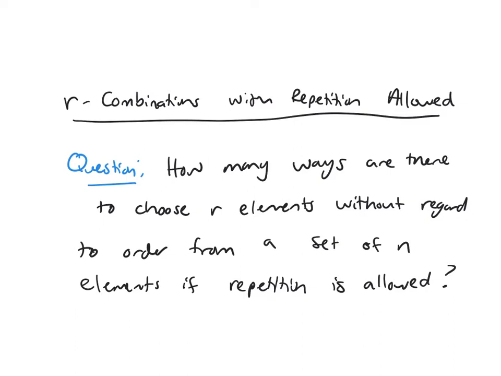So we looked at this question before, but we didn't have repetition. So now we're going to allow repetition when we want to know how many ways there are to do this.